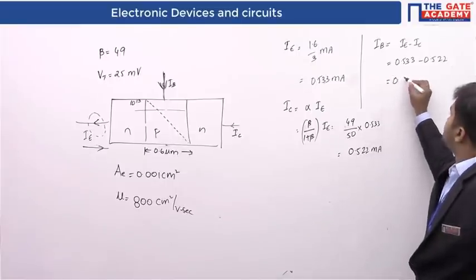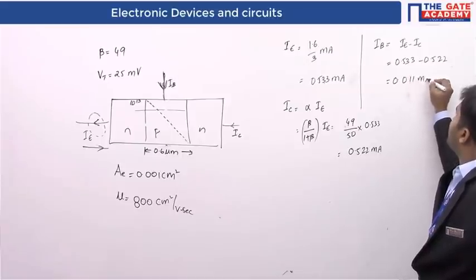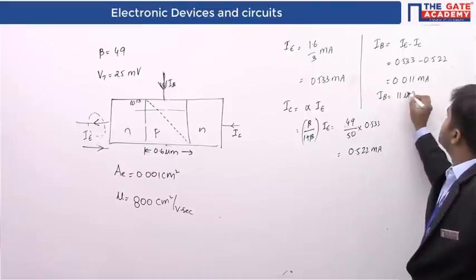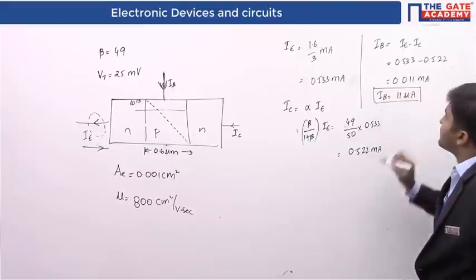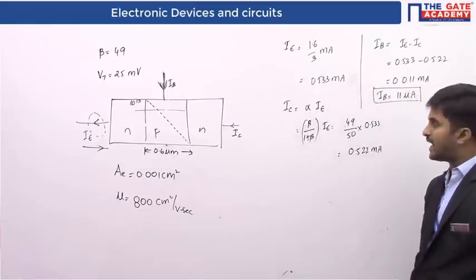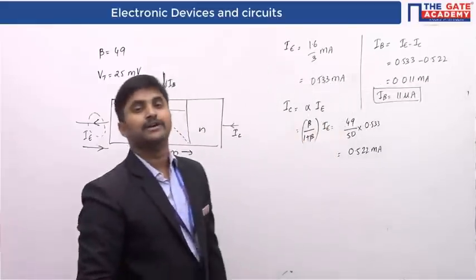So it is going to be around 0.011 milliamperes, or I can write IB is going to be 11 microamperes. These are the values of IE, IC and IB.